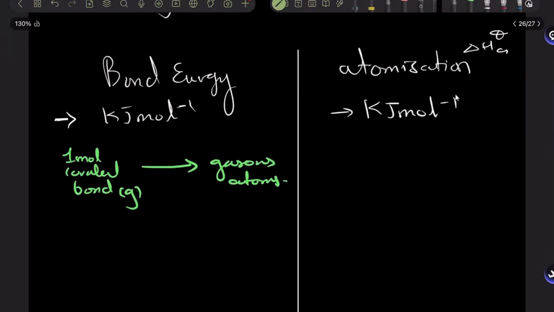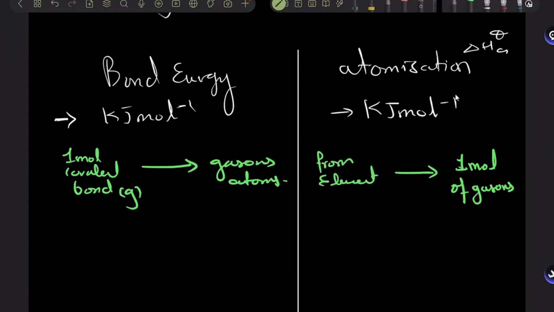Atomization was the energy absorbed to form 1 mole of a gaseous atom. It was very specific about 1 mole of a gaseous atom, from its element under standard conditions. Very good. So there's a difference between both of them.